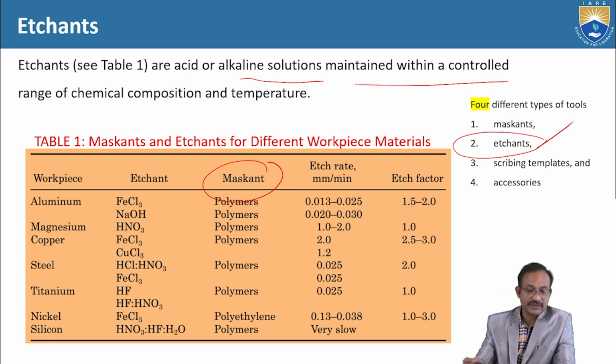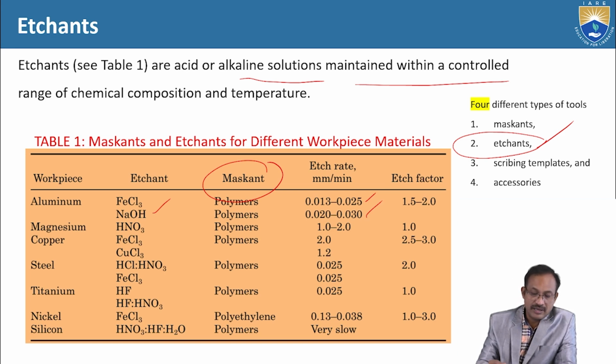For aluminium the etch rate is 0.0132 to 0.025 millimeters per minute. Similarly, for NaOH the etch rate is 0.0202 to 0.030.